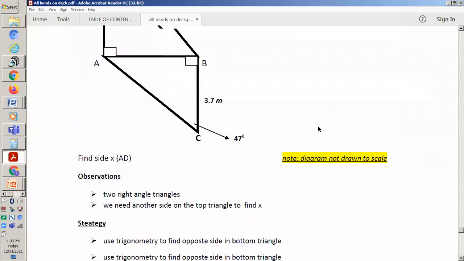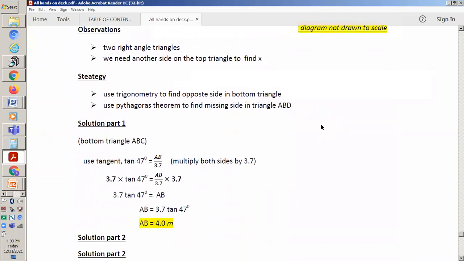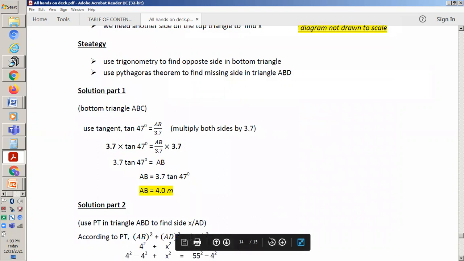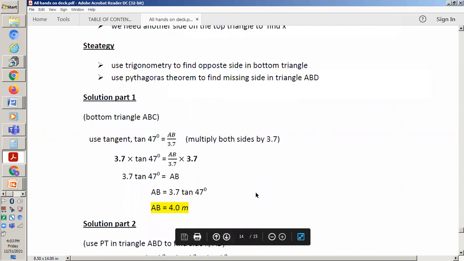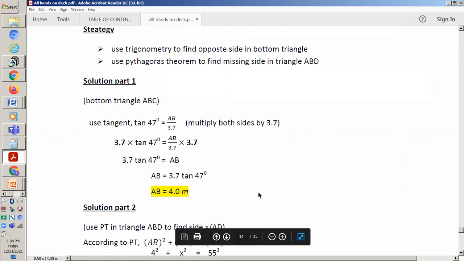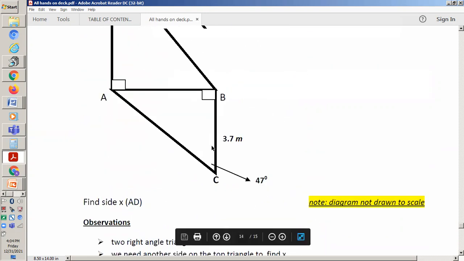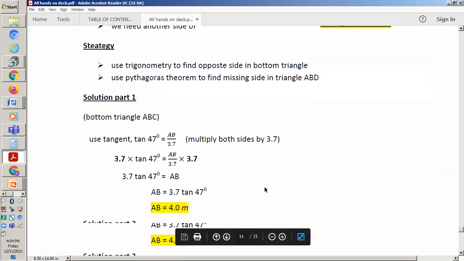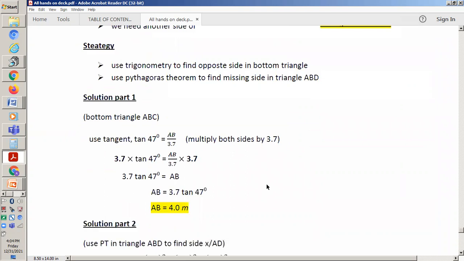Let's quickly scroll down for the solution. So tan 47, the reference angle at C, is equal to the opposite, which is AB, what we want to find, divided by the adjacent side, which is 3.7.